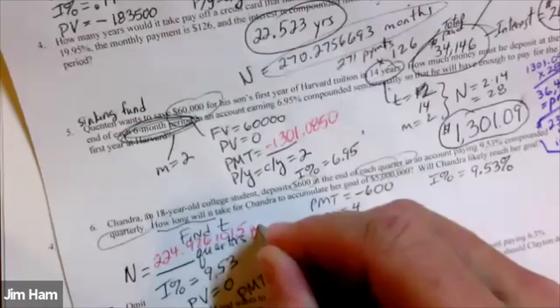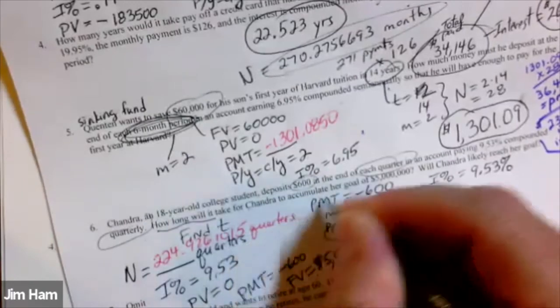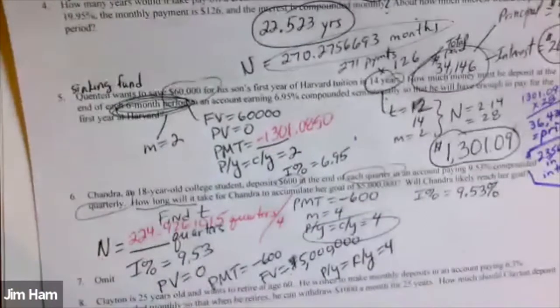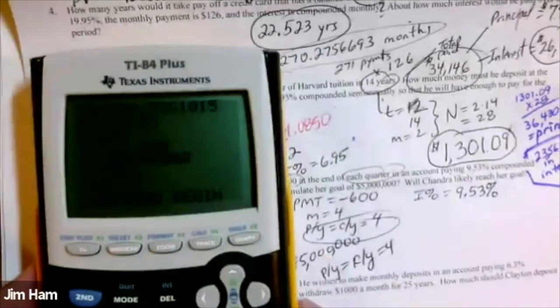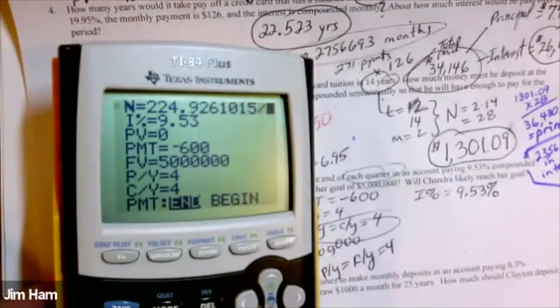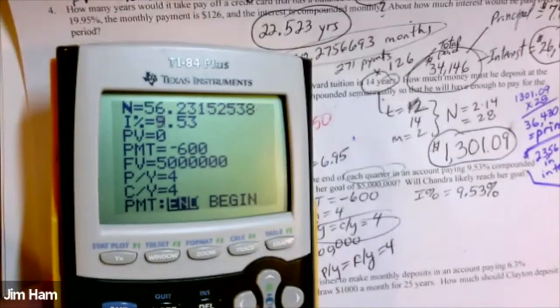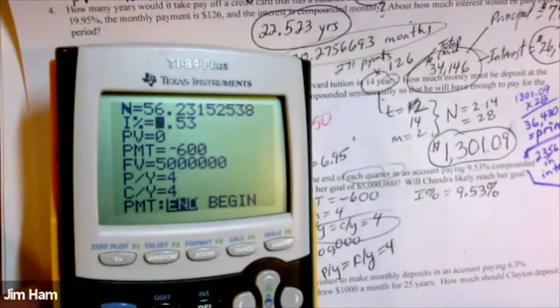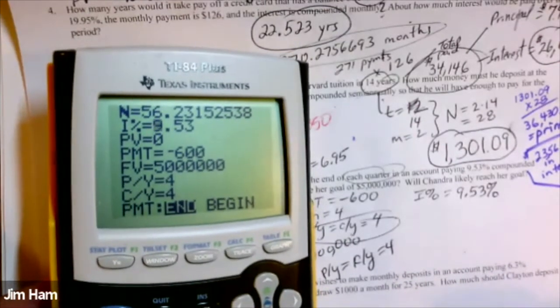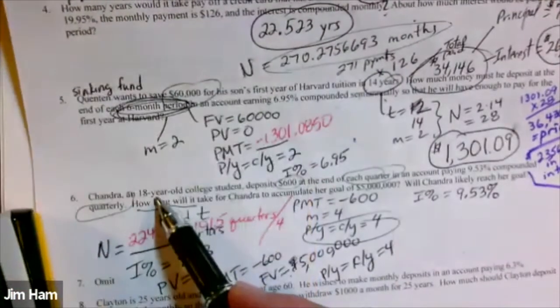224.9261015 quarters. All right, so then if we want to divide by 4, then we would get the number of years. So I'm going to go to the end and just say divided by 4, and that's 56 years. So yeah, Chandra could do it. I suppose she would have 56 years attached to her 18-year-old age.